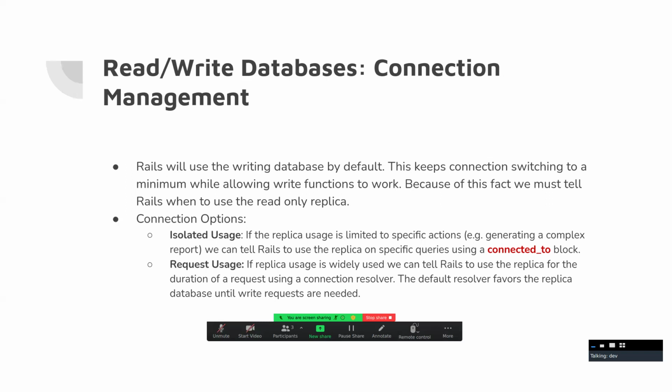Or we can do it with a connection resolver. The default one we observed will favor the read database, but if it identifies write activity is going to occur, it will switch connections to that.